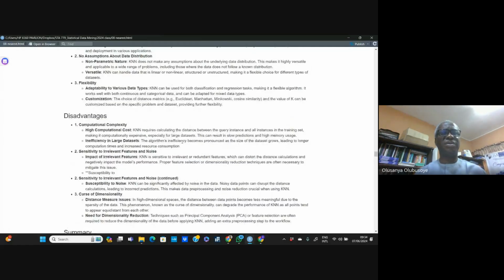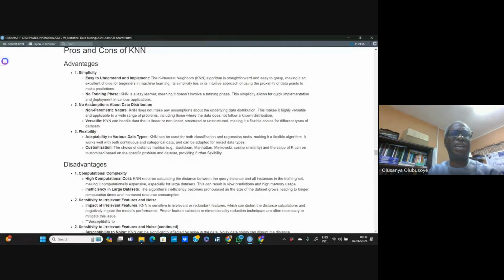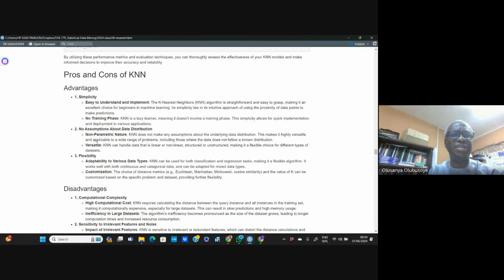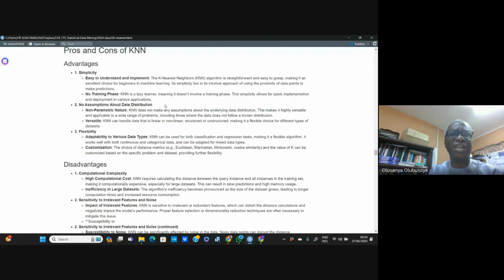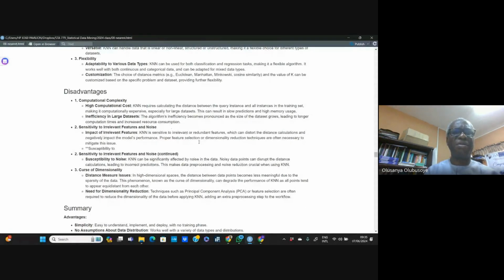Okay, so it looks tidy now. So the advantages, as I mentioned earlier, are simplicity and no assumption about data distribution. That's why it's non-parametric. Then it's flexible. You can adapt it to different kinds of data, quantitative or qualitative. But there are also a few disadvantages. The computational process can be very complex.